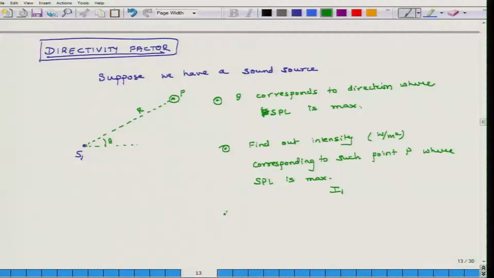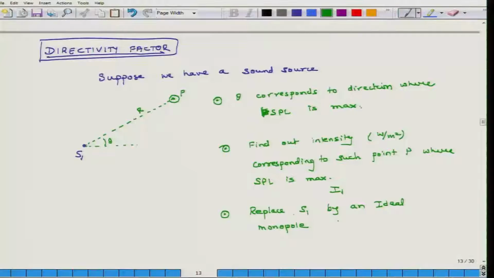Then the third step is that we replace S1 by an ideal monopole. What is an ideal monopole? It emits sound with equal intensity in all directions.